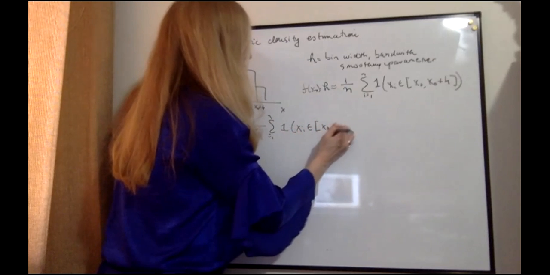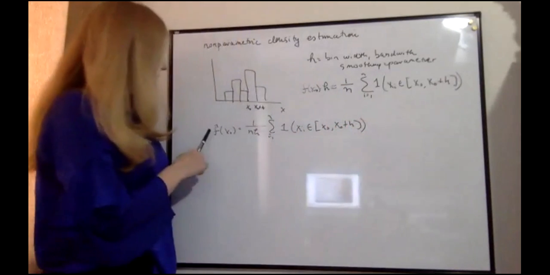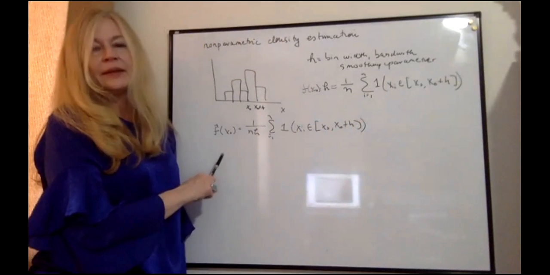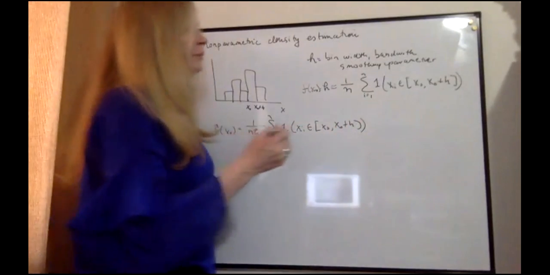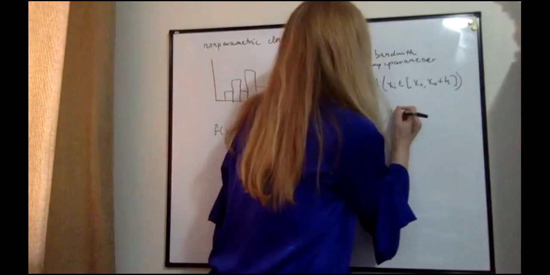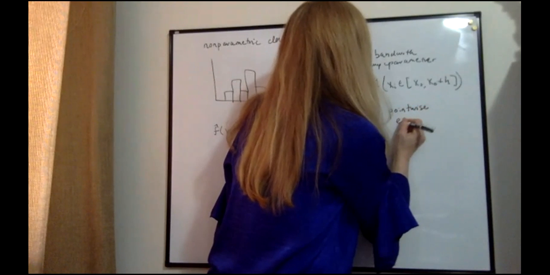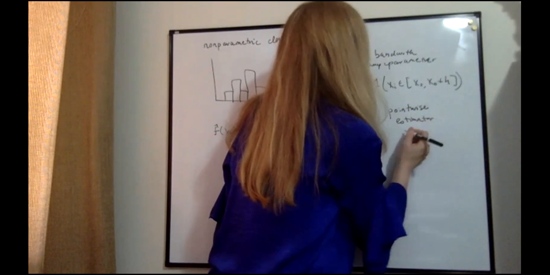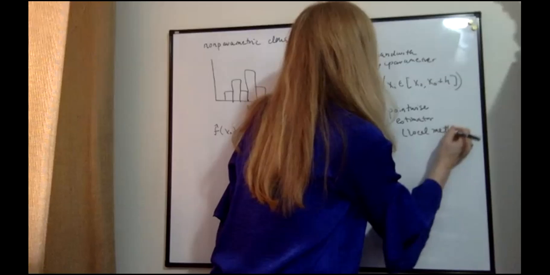And notice that this method of estimating the density is a local method, because we're going to construct this estimate point by point. Okay, so this is called a pointwise estimator. And that's why it's considered a local method.